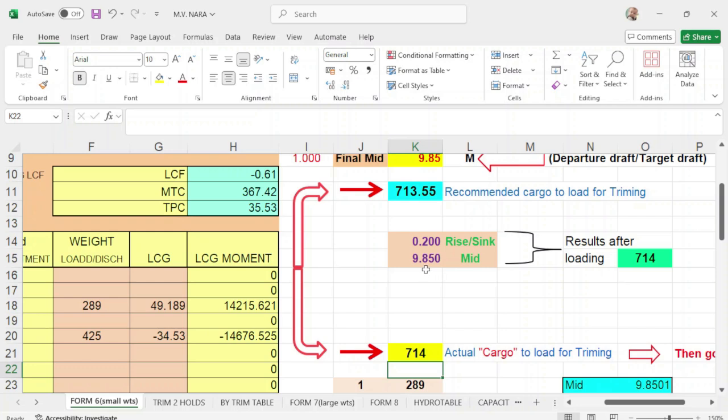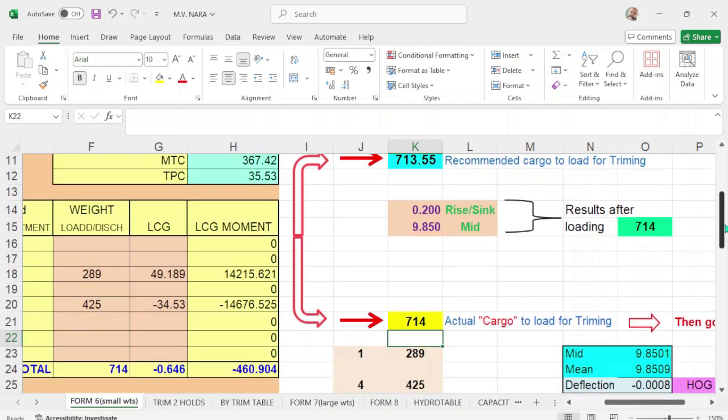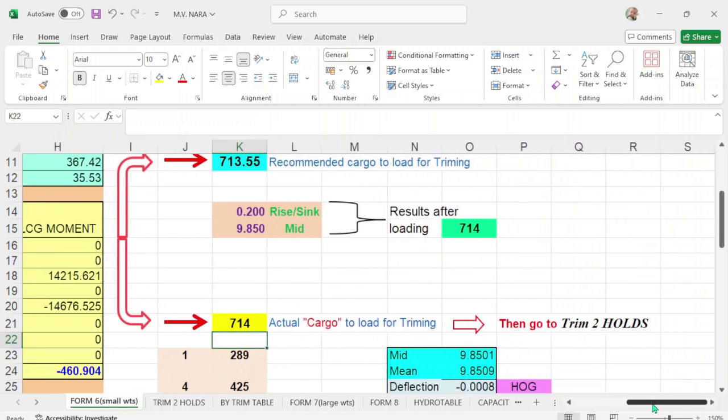Your sailing drop is 9.85, which is the same here, and your sinkage is the same of 20 centimeters. Okay, then we go to trim hold 2. Take note of the recommended cargo for trimming, which is 714.